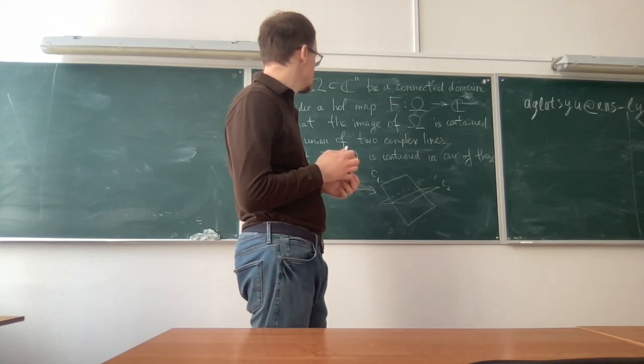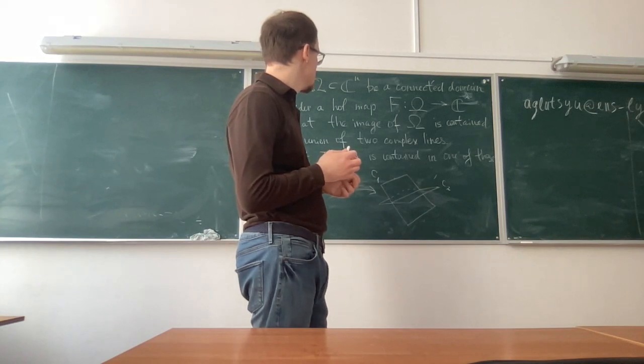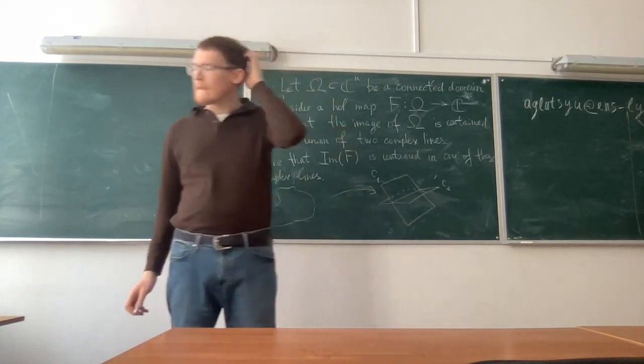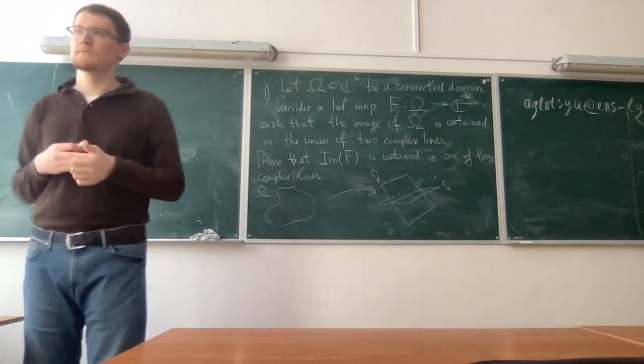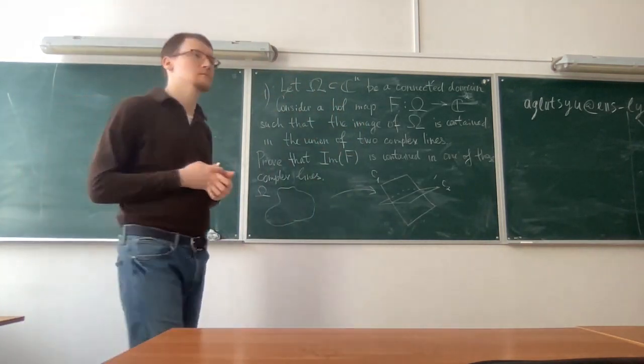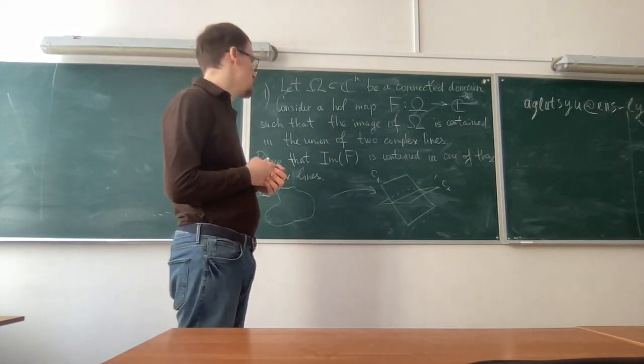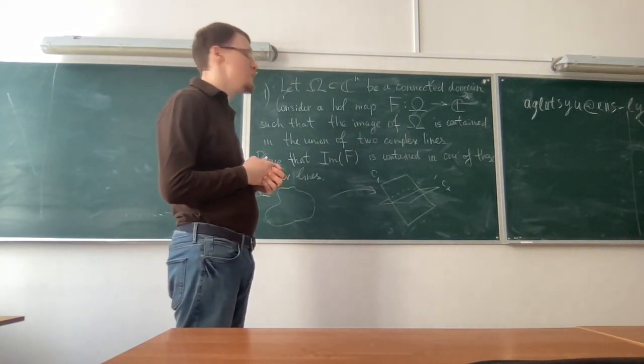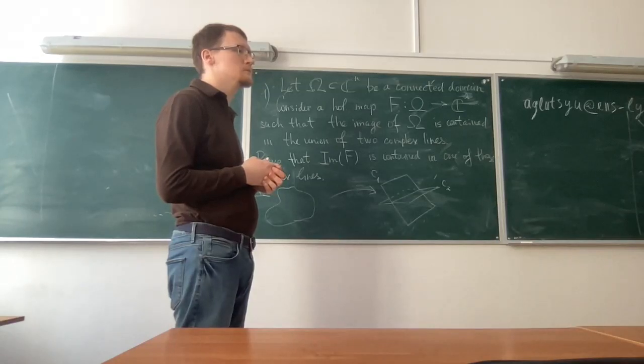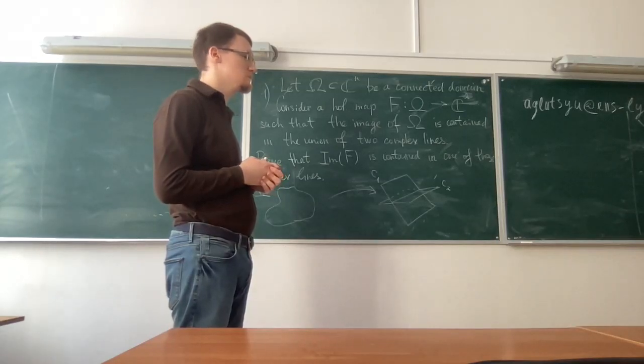I just think it's impossible in R2, so I'm not sure about C2. No, because the open mapping theorem holds for maps to C. Давайте, I hope you can do it.